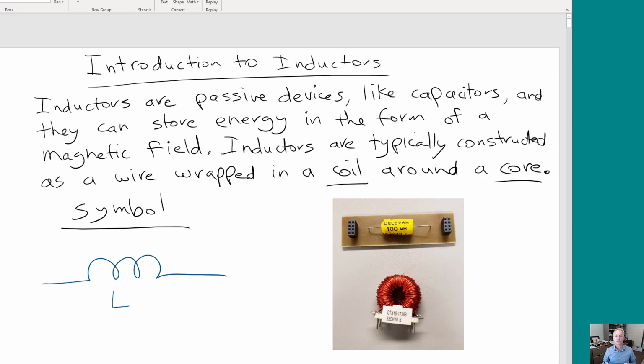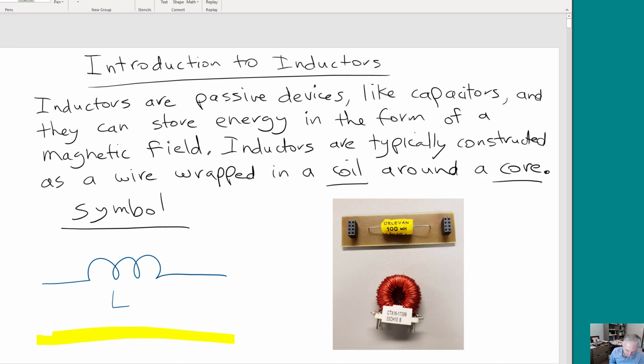So the way inductors are constructed is that they are typically a wire that's wrapped in a coil, okay? And in the center of that coil is some sort of core. So I'll explain it in terms of the symbol. So we have our symbol here of an inductor, okay?